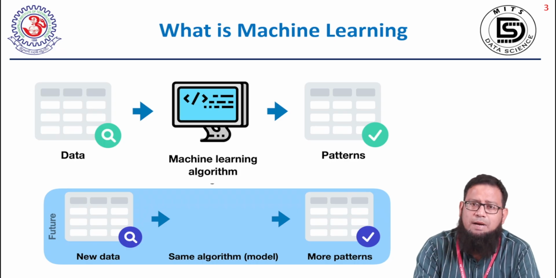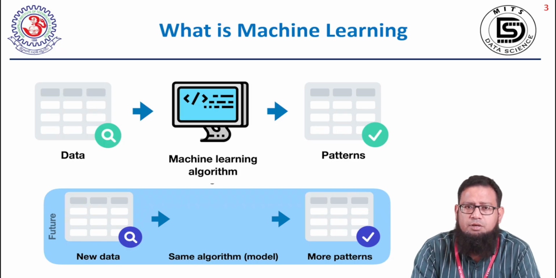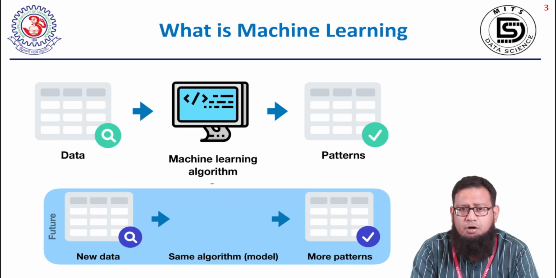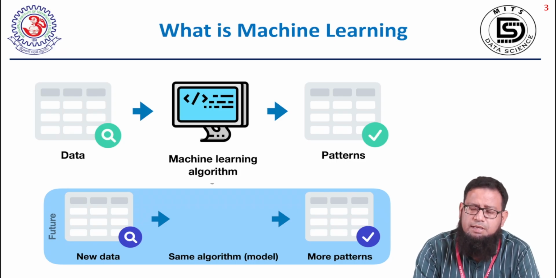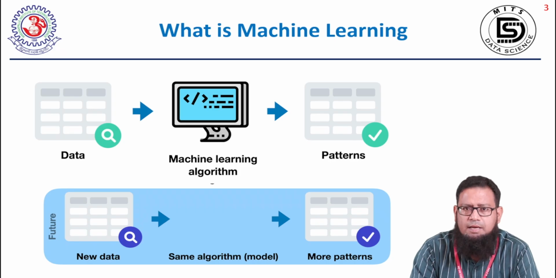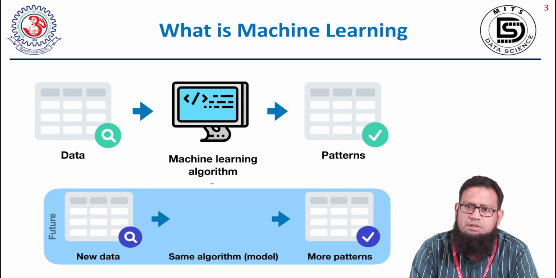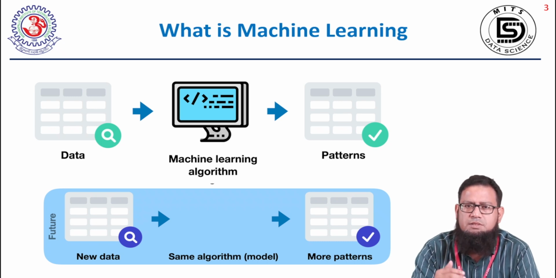It can be a pattern in your data set. It can be trying to find out the features of an image of a dog or cat, and then trying to classify whether a given image is that of a cat or a dog. So the first thing is that the human being is providing the ability for the machine to learn, and the second part is that it works without human intervention. Once the machine understands the pattern, human intervention is not required.